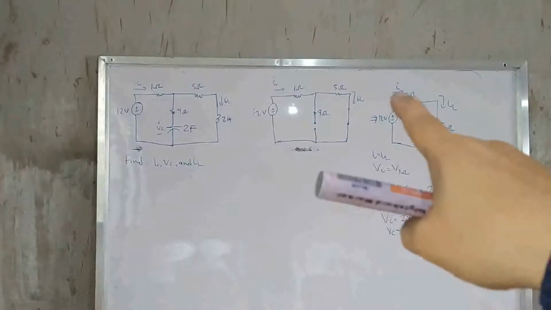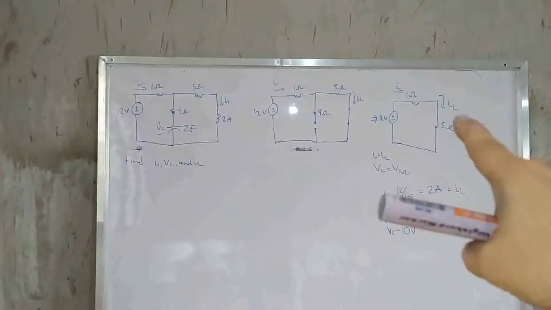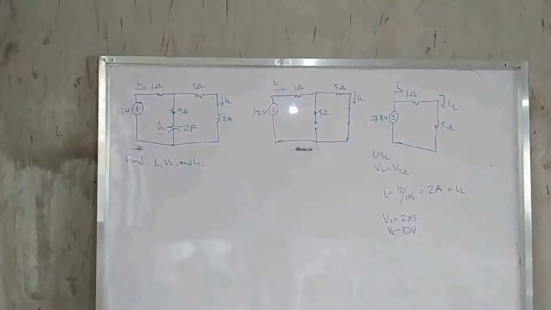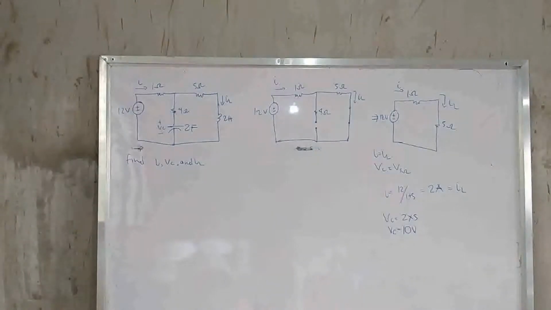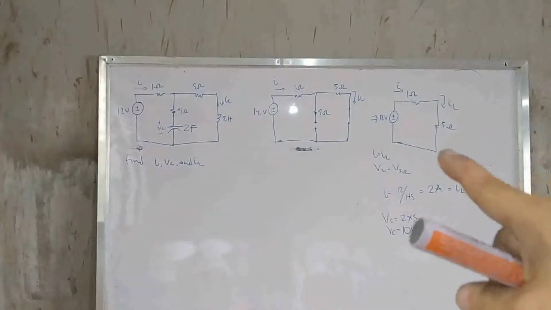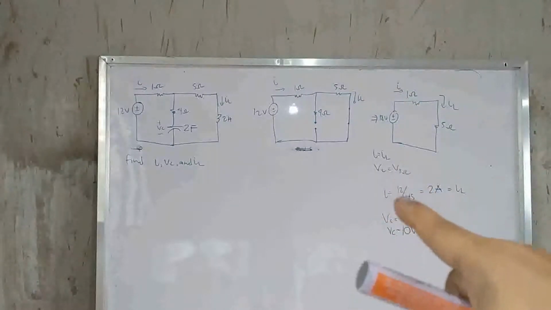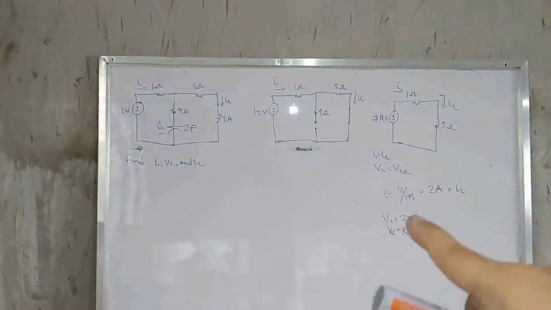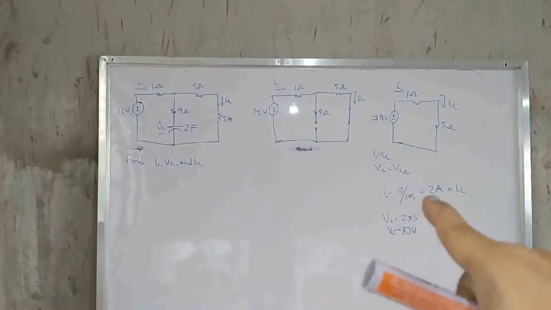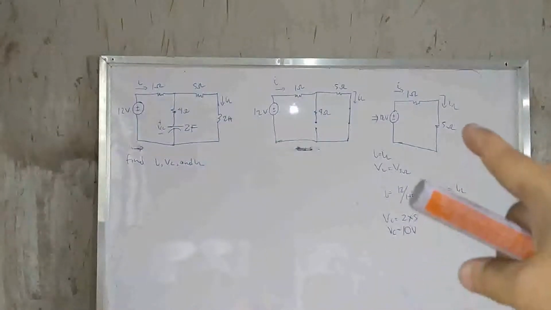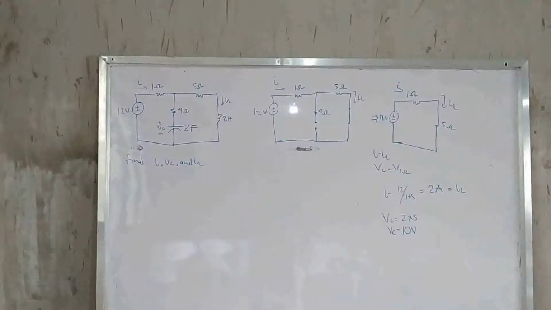Now, we will be focusing on this circuitry alone. The current is simply 12 divided by 1 plus 5, which is 6, so we have 2 amperes, which is also equal to the current in our inductor.